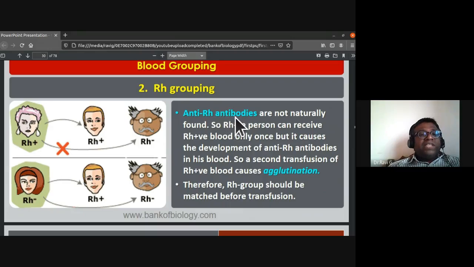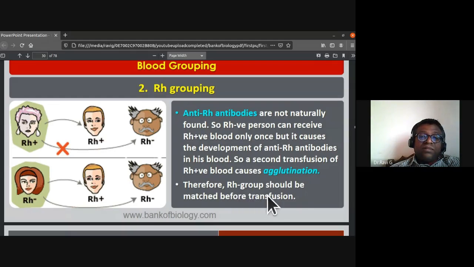See, Rh antibodies are not naturally found. So an Rh negative person can receive Rh positive blood only once, but it causes the development of anti-Rh antibodies in his blood. So a second transfusion of Rh positive blood causes agglutination.